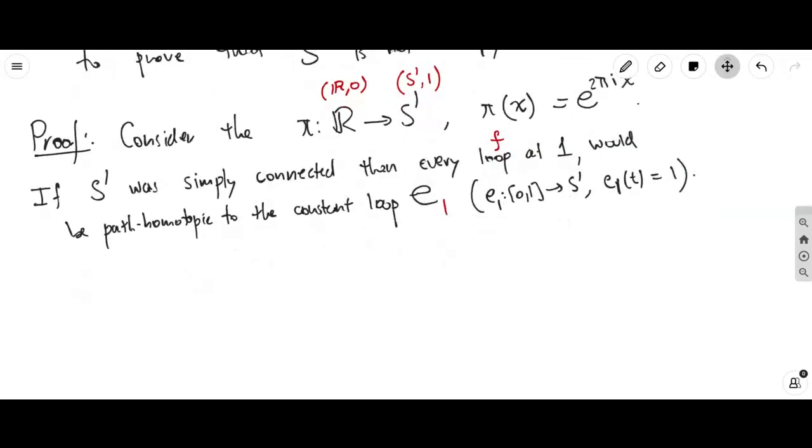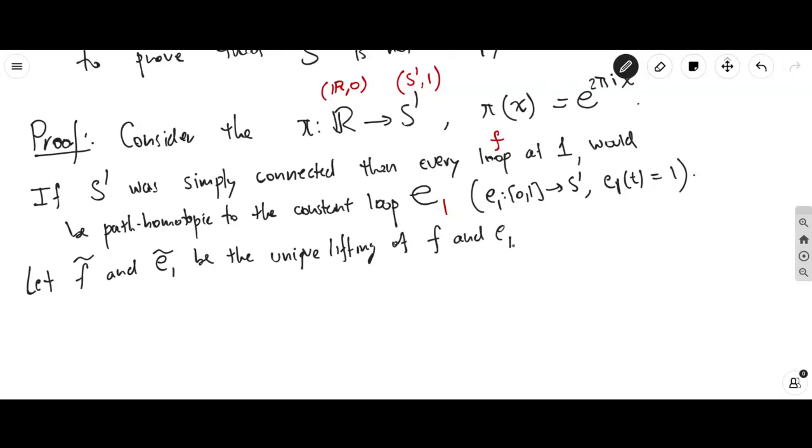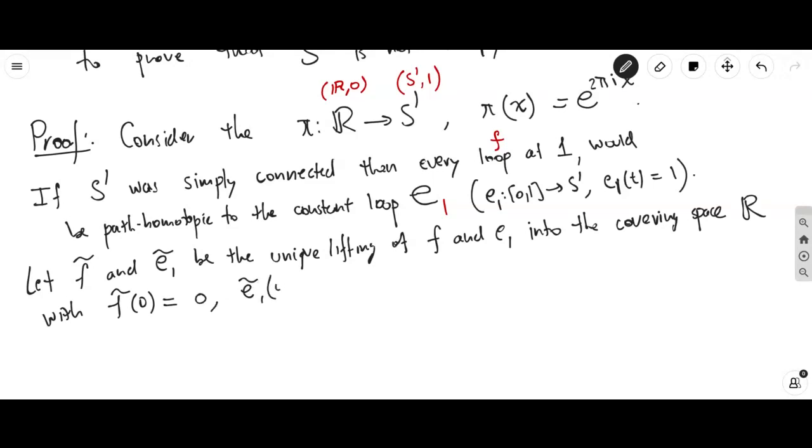Now, let F tilde and E1 tilde be the unique liftings of F and E1 into the covering space R, with the initial condition that F tilde of 0 is 0 and E1 tilde of 0 is 0. Right, so this is the initial condition that you've chosen. So then you have a unique lift.